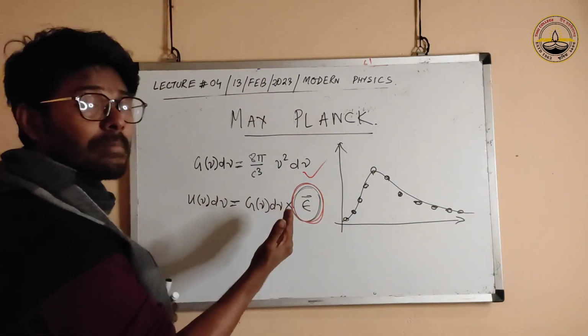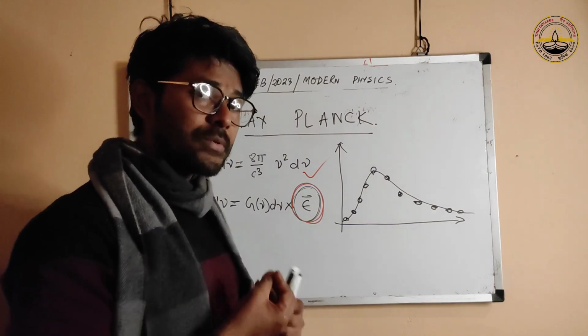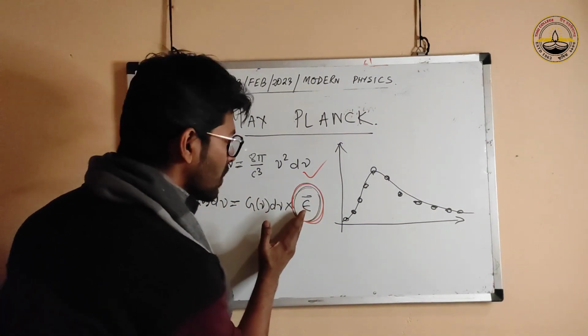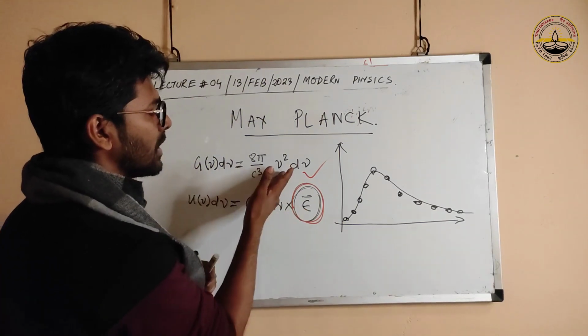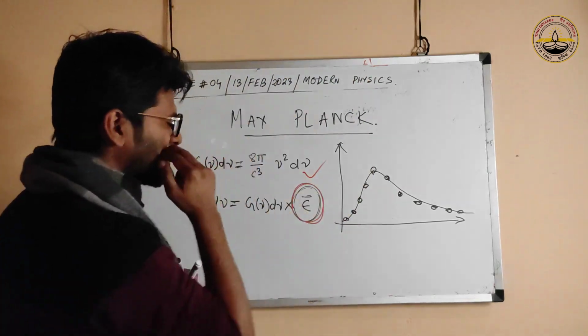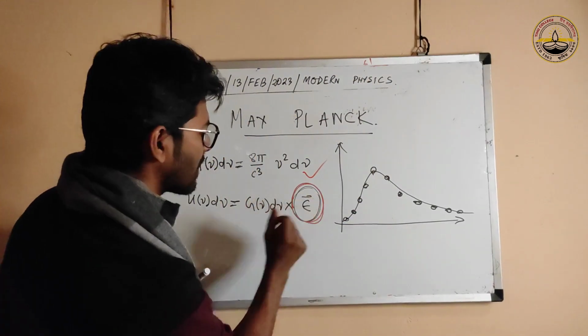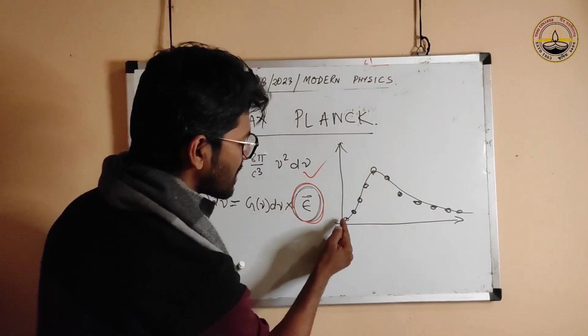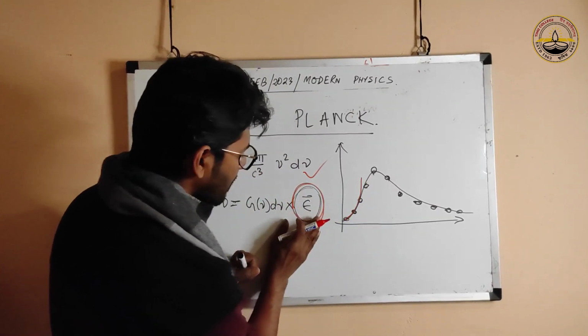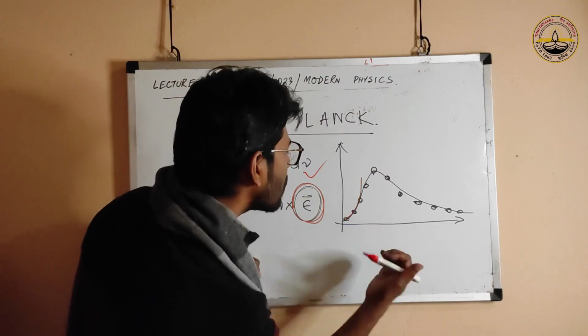Obviously, this epsilon bar will have to be a function of nu, because if it is not a function of nu, then the final function will be again nu squared, just a parabola. So we need this epsilon bar to be something that when nu increases, this parabola goes on, but then something here will pull it down.